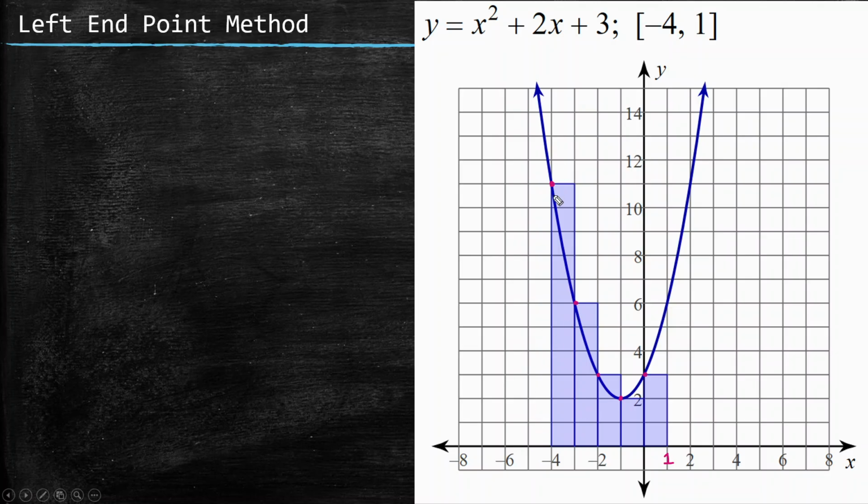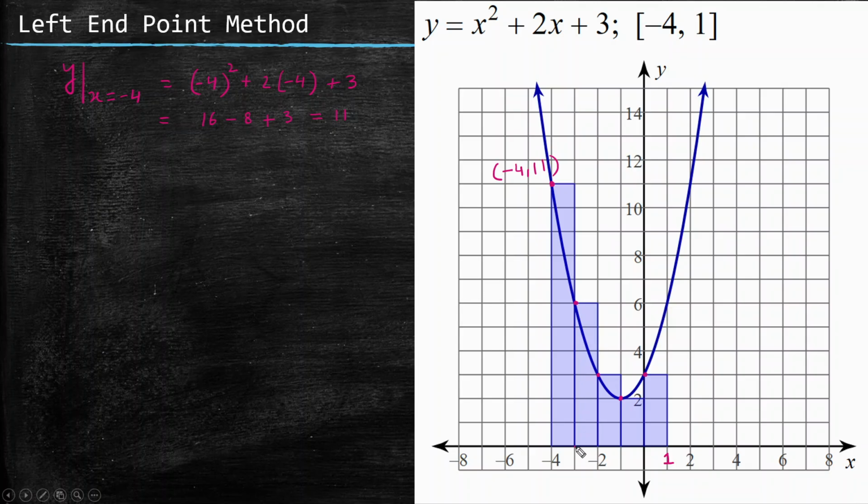So we need to find the coordinates of these points. So the left-hand points. So that is -4, and when we substitute -4 into our equation, we get the y value of 11.